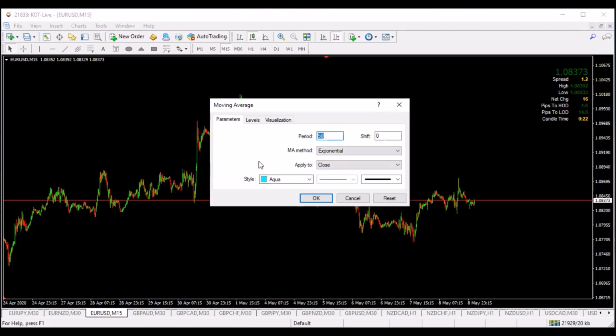And the style is aqua, like the watercolor, the aqua color of water in Hawaii. You can make it as thick or as thin as you want right here in this little drop down box.